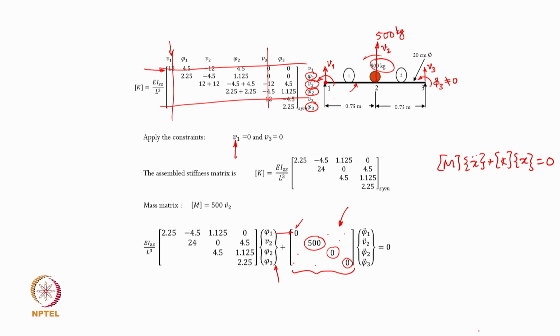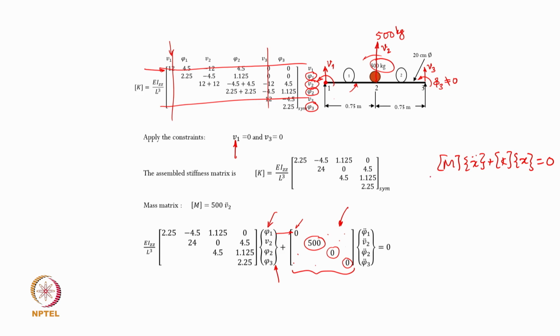So, x here is a nodal displacement vector comprising all the relevant nodal degrees of freedom, and the mass and stiffness matrices are, as you see here, compiled based on the number of discretization we do. So, if you increase the number of elements here, the size of the matrix will increase.